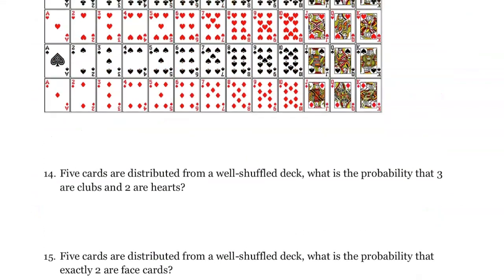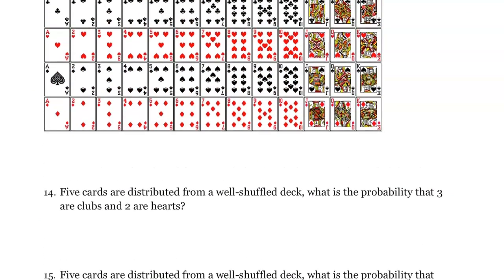We have some cards. Here you're going to have 5 cards distributed. So that's important. You've got 5 cards from a well-shuffled deck. What's the probability that 3 are clubs and 2 are hearts? So it's probability, because we saw that word right there.